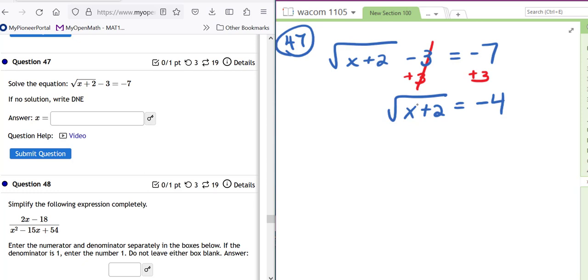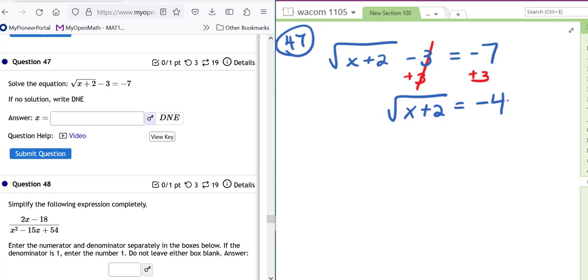And the reason is because when you take a square root, now if it's a different root it would be okay, but a square root is not going to be negative. It's always going to be positive because of how we defined it. And so this one is going to be no solution. If you went through your steps, okay, so we know that, and that is the answer.